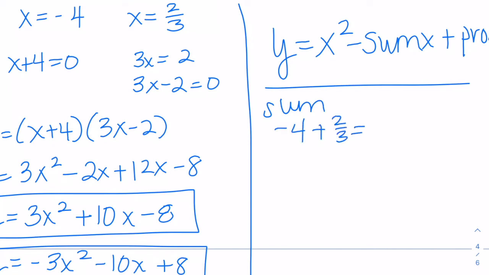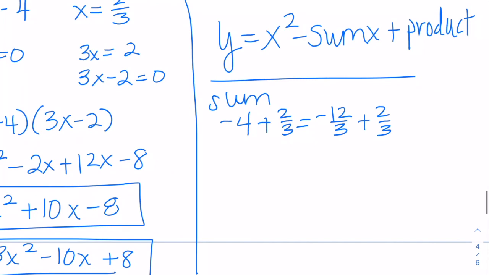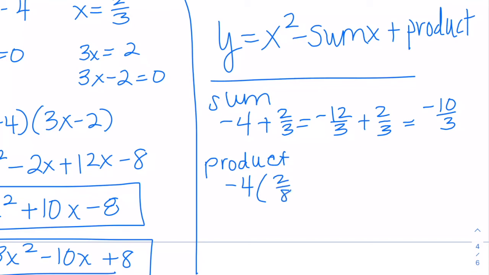Or you can write that as negative 12 over 3 plus 2 over 3, right? So that's going to equal negative 10 over 3. And then the product would be negative 4 times 2 over 3, which will be negative 8 over 3.